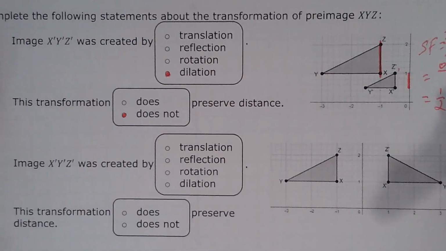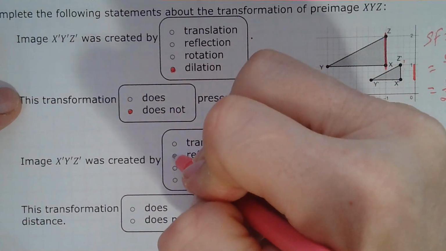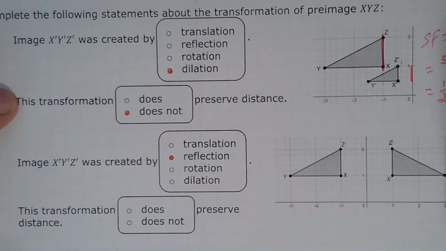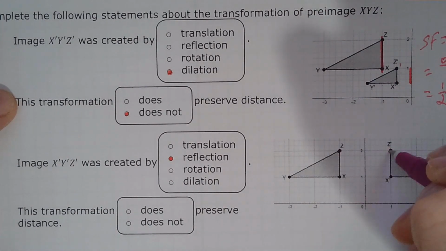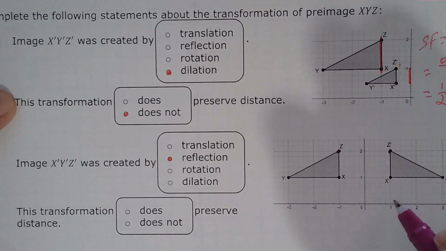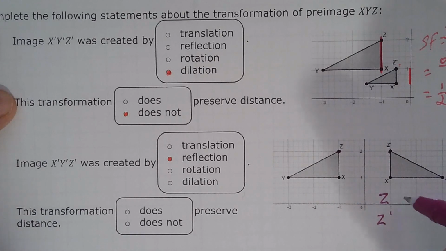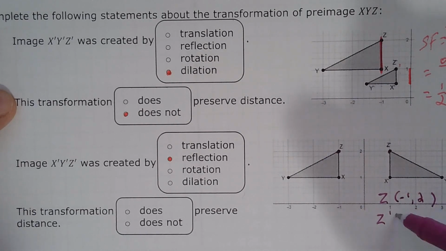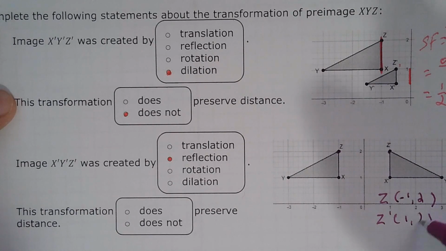Okay. All right, this is a reflection. Pretty obvious reflection. If you weren't sure, you can pick any of the points and do a point comparison. You can go z and then z prime. Z was -1, 2. Z prime was 1, 2.